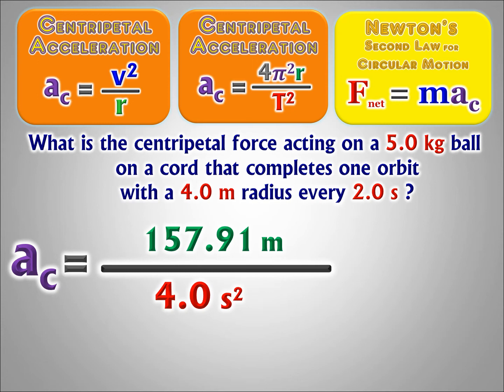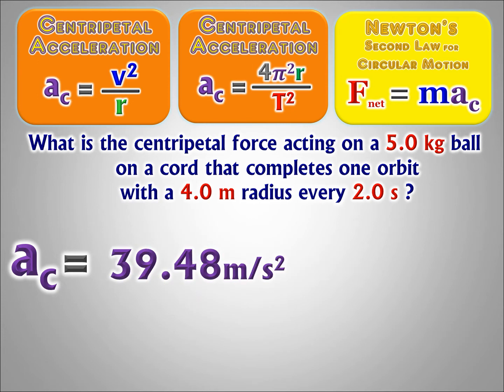It'll be meters per second squared. And we're dividing that number by 4. Well, that number is pretty close to 160. And obviously, 160 divided by 4 would be 40, wouldn't it? So we'd expect to get a number that's close to 40. Let's see what we get. Oh, very close to 40. 39.48 meters per second squared, which of course are the units of acceleration. That's what you'd expect to get.